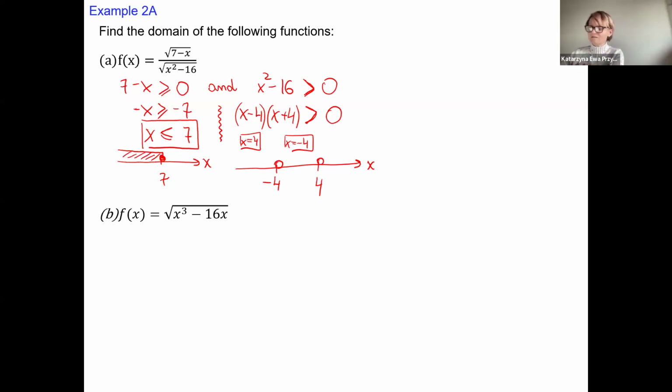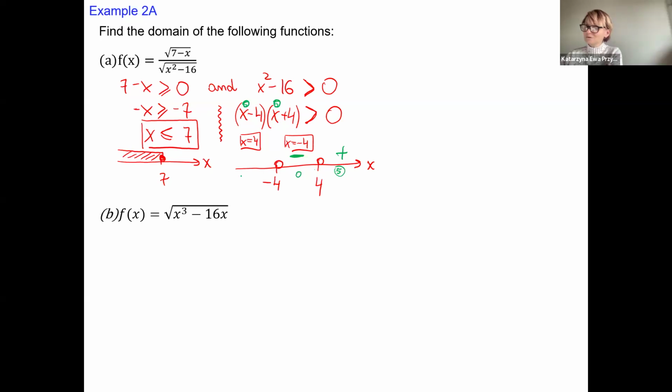Let's test each interval, because we need positive quantity. When I substitute 5, 5 minus 4, 5 plus 4, it is a positive number. When we substitute a number between negative 4 and 4, for instance 0, 0 minus 4, 0 plus 4, and multiplying, it's negative.